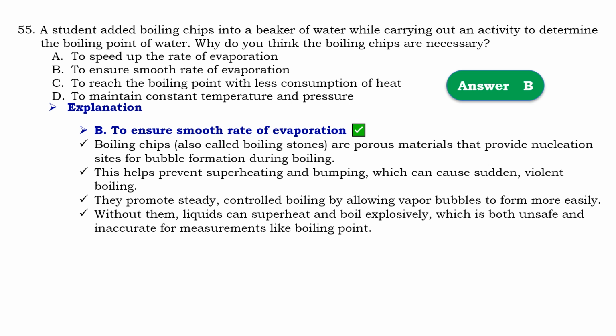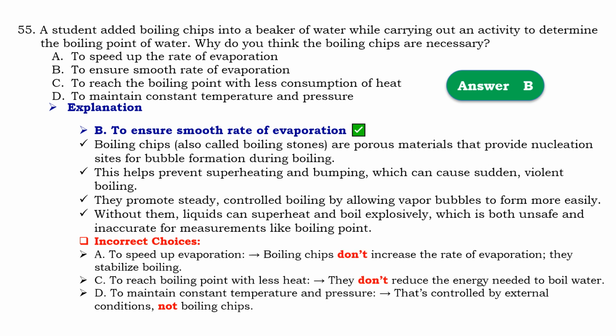They promote steady and controlled boiling by allowing vapor bubbles to form more easily. Without them, liquid can superheat and boil explosively, which is both unsafe and inaccurate for measurements like boiling point. So the water boils and evaporates gradually. One benefit of boiling chips is that the water evaporates in a slow, controlled boil and forms small bubbles, so it doesn't vaporize all at once. So our answer is indeed B.